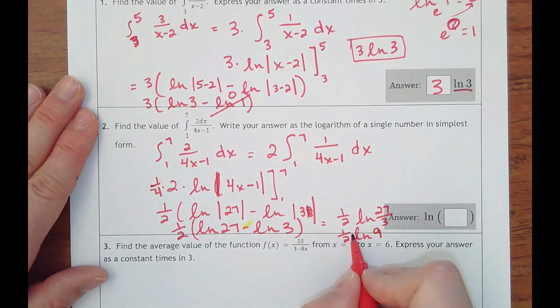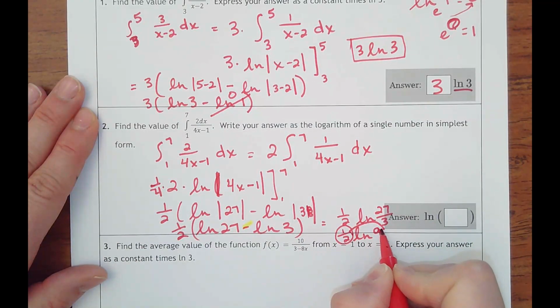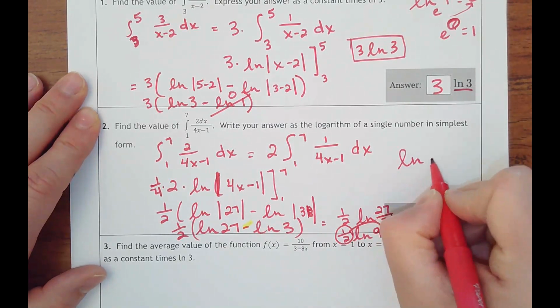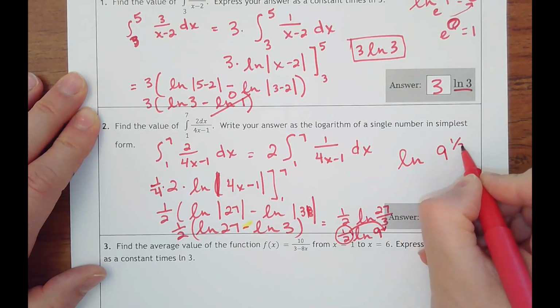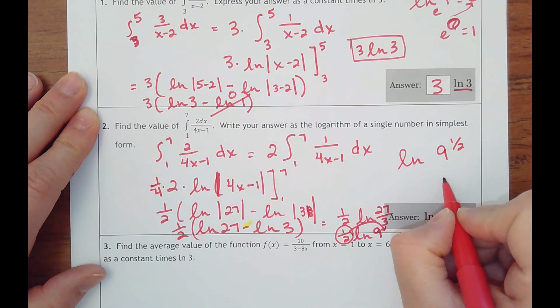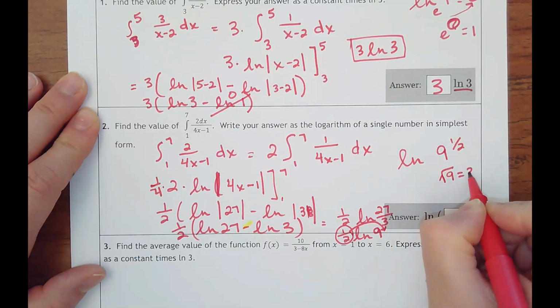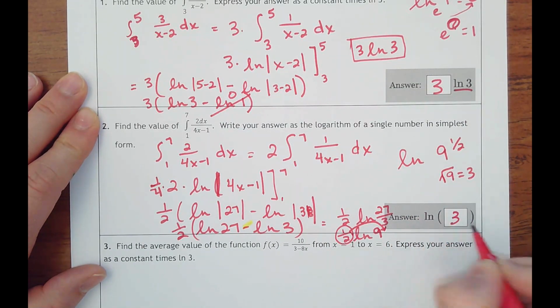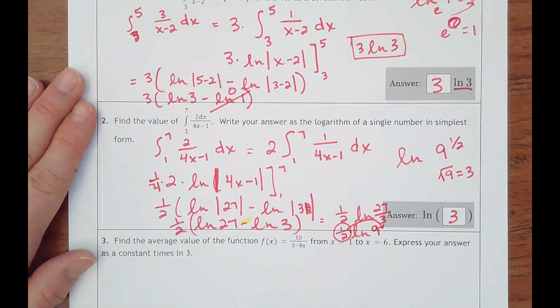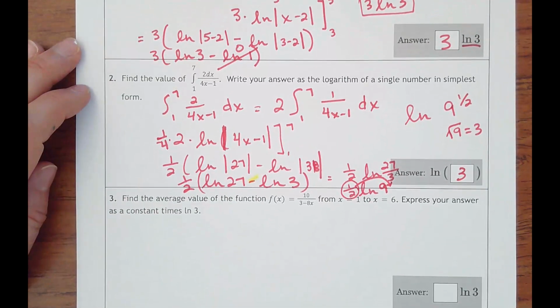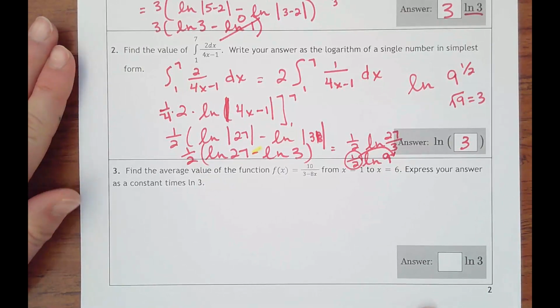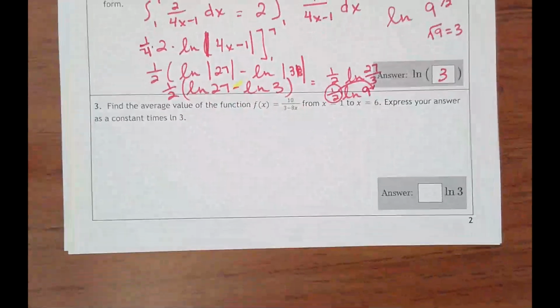So any multiplication actually can get put as a power. 9 to the 1/2 power really means square root of 9, which is 3. So I have natural log of 3. That's my answer.